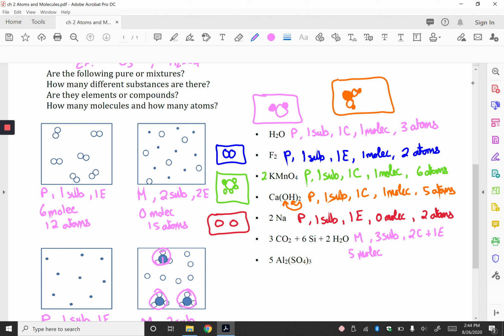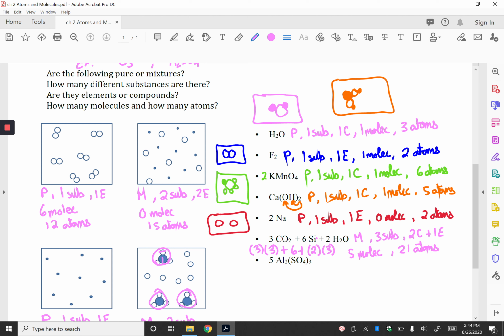Each of these CO2s has 3 atoms, and there's 3 CO2s, so that's 9. And then the silicon, they're just individual atoms, there's 6 of them. And then there are 2 waters, and each of the waters is made up of 3 atoms. You add them all up together, you get 21 atoms.